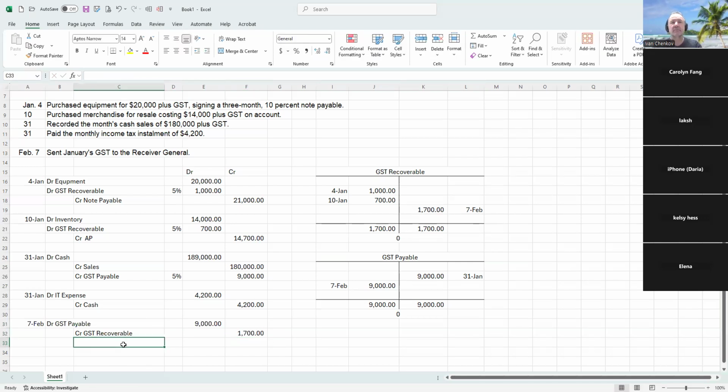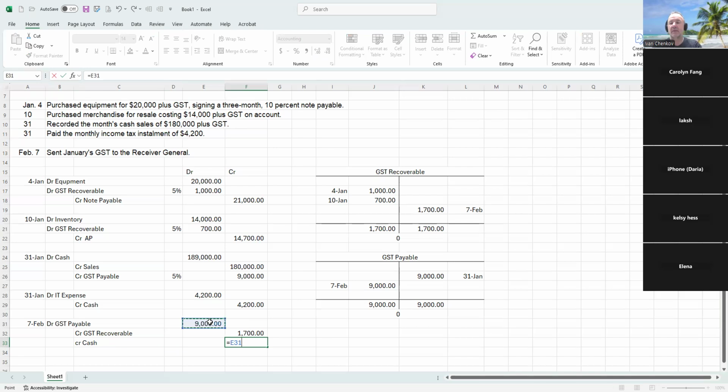And the rest I have to use cash, which will be the exact difference. And that will be exactly what you're saying on your chat, $7,300, and we're done. Make sense?